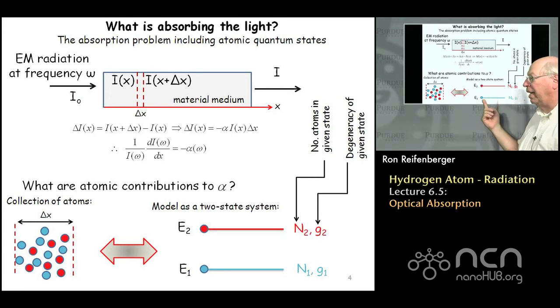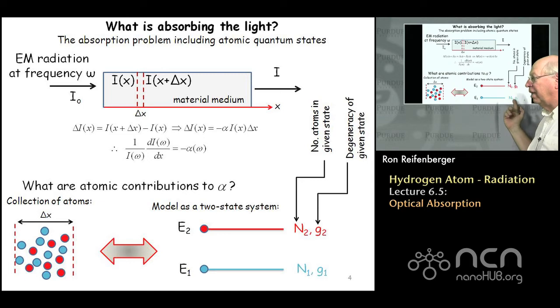So in addition to the energy levels, which has been our sole focus up to this point in the course, we're now going to start asking questions about how many electrons N1 are in energy level E1 and how many electrons N2 are in energy level E2. And in addition, since it's possible that these energy states could be degenerate, we're going to designate the degeneracy of these different energy levels by G1 and G2.